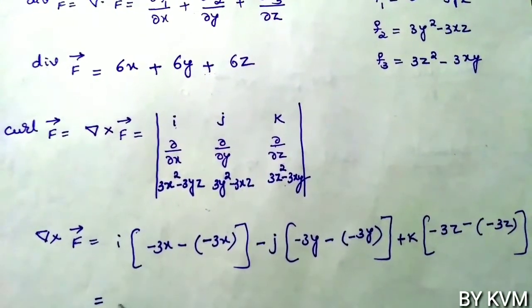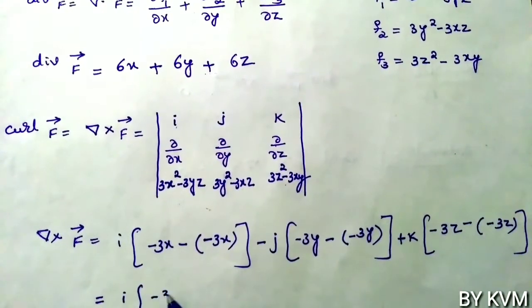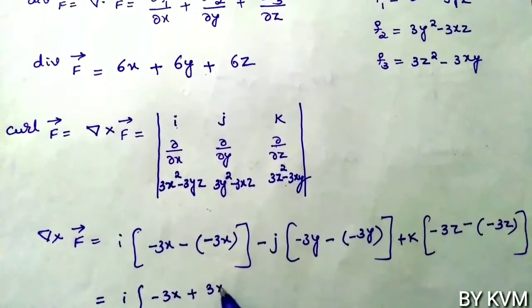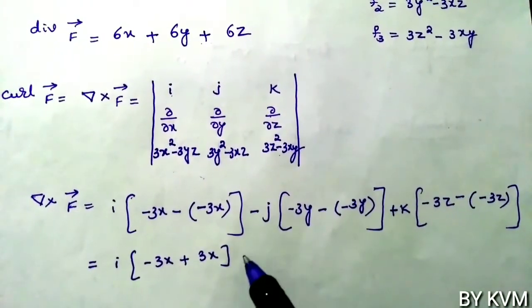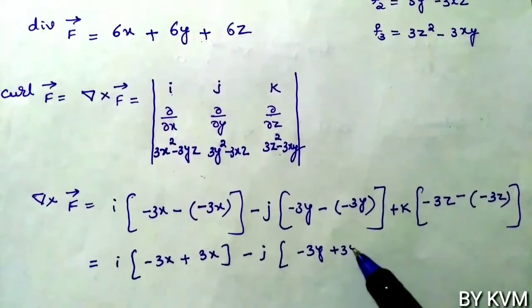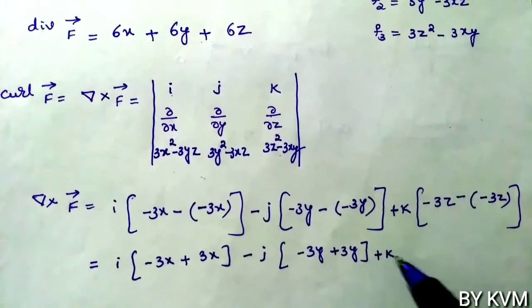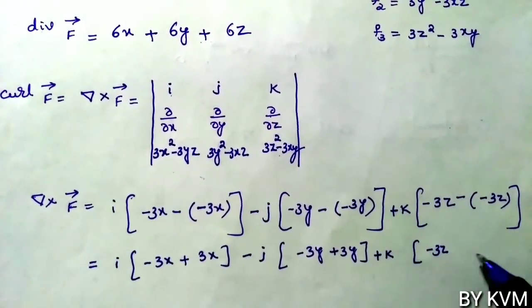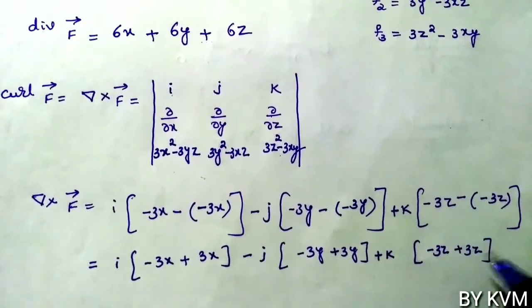So this is equal to i times minus 3x plus 3x, minus j minus 3y plus 3y, plus k minus 3z plus 3z.